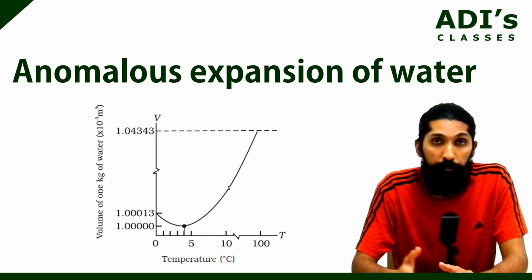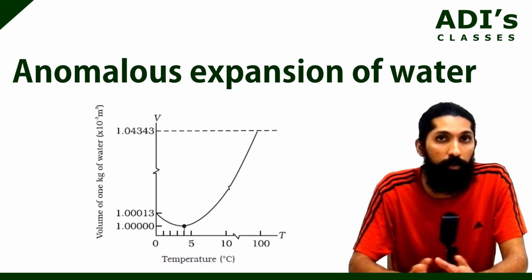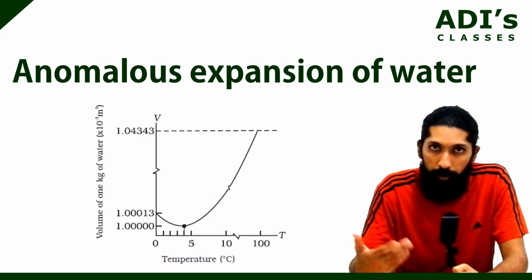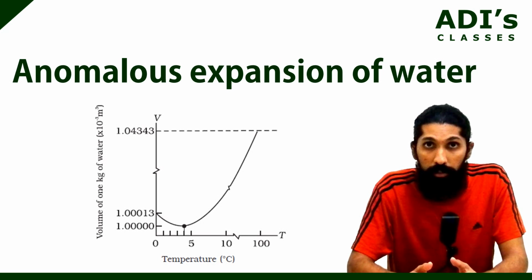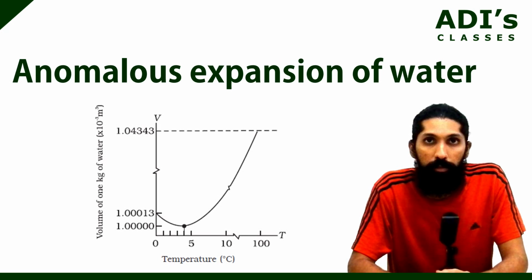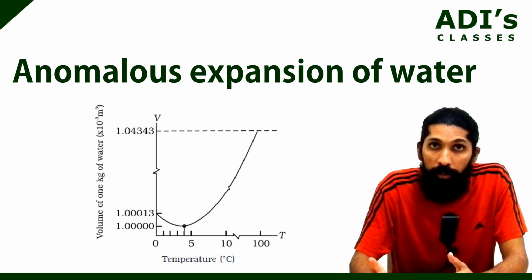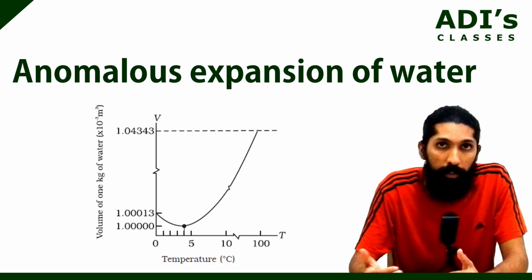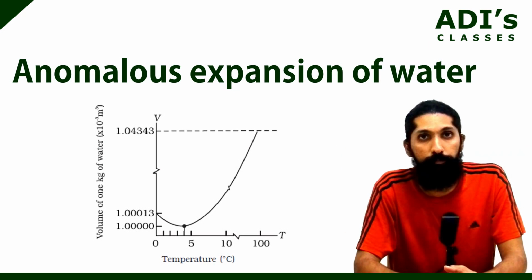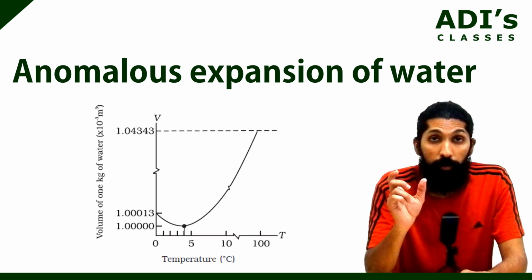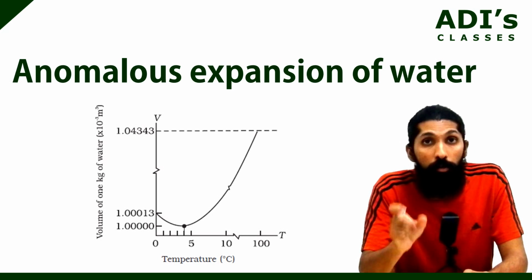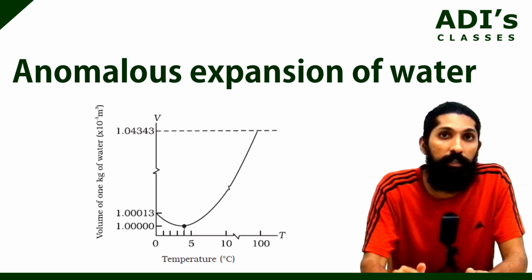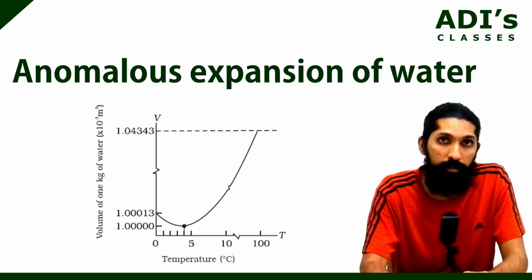Because of that, we have the relation between the volume and temperature, which you will understand later. After 4 degrees, look at this one, the volume and temperature go proportionally. That anomaly from 0 to 4 degrees is only seen in water, not in any other substance.